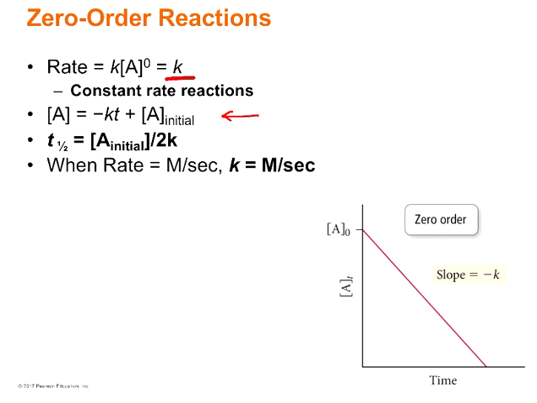So remember that rate also is equal to the negative change in concentration of a reactant over a change in time. So we have our rate law, and then we also have our rate expression there. So we're going to set those equal to each other. And I'll do that down below.